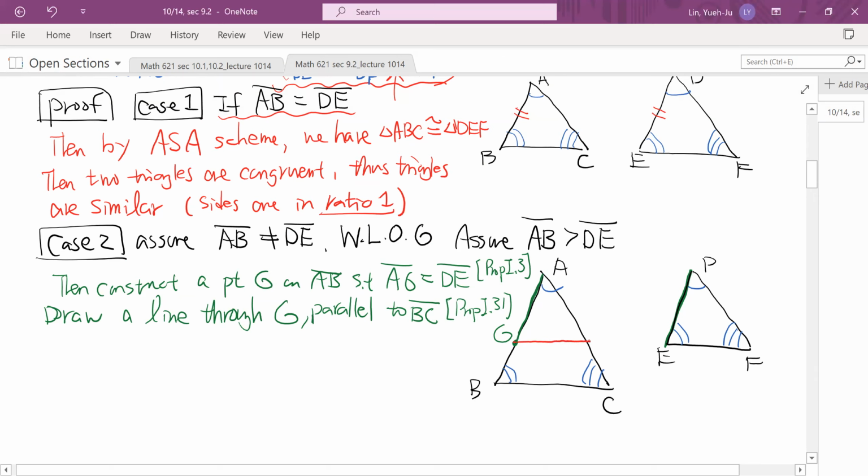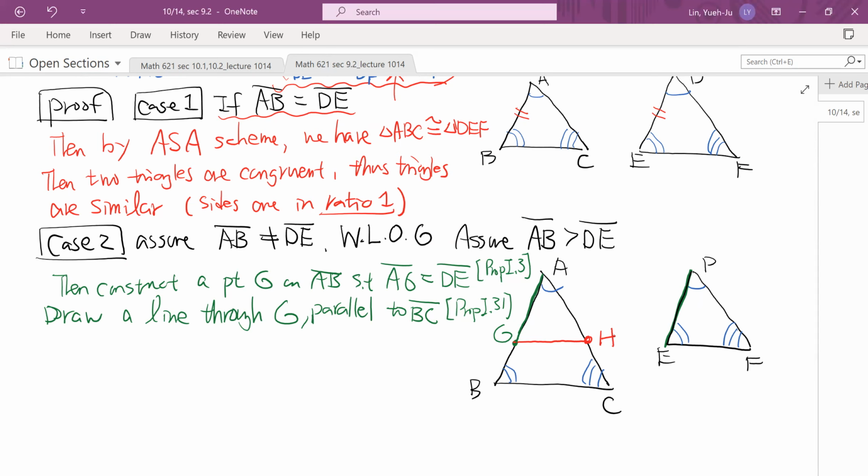And now one thing we never really carefully justified is that when you draw such a line, it has to intersect AC at one point. Let me call it H. This is a product of Hilbert's axioms, this Pasch theorem that we mentioned a while ago.